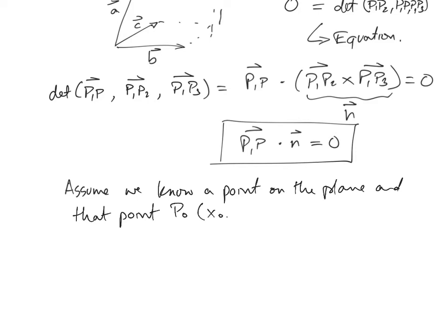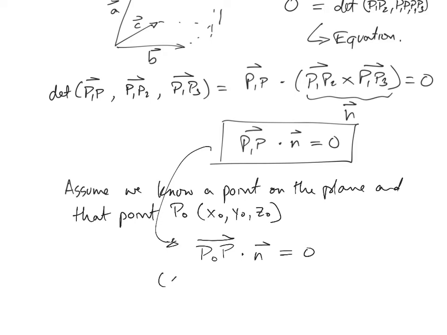There are specific values x naught, y naught, z naught that define this point P0 on the plane. Well, this equation up here tells us that P0P, where P0 is a particular point on the plane with coordinates x naught, y naught, z naught, and P is any other point on the plane with coordinates x, y, z, and n is a vector normal to this plane, that has got to be equal to 0. We can write mathematically what this vector P0P is.